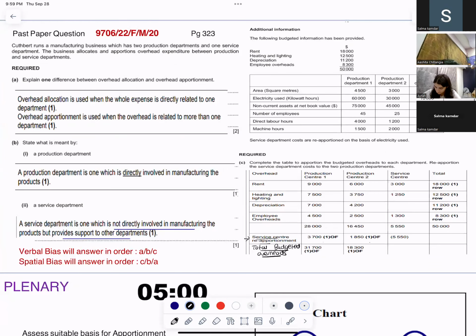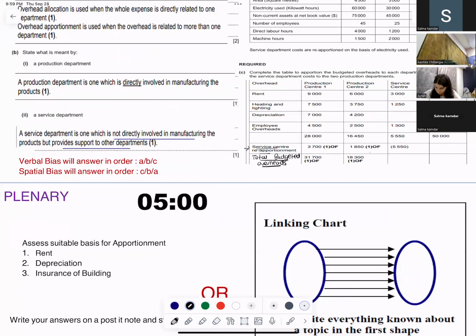Okay. So can you tell me when does allocation happen? When the department is directly associated with the making of the product. Allocation happens when expenses are related to only one department.